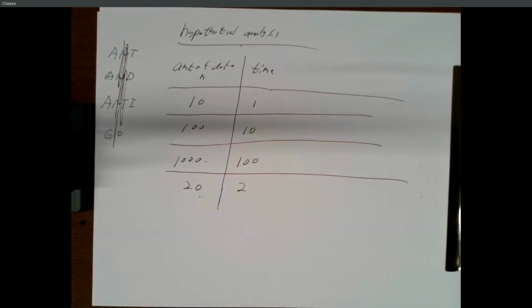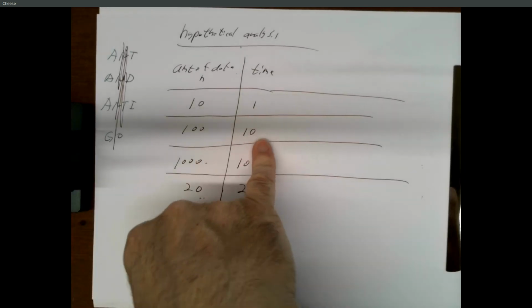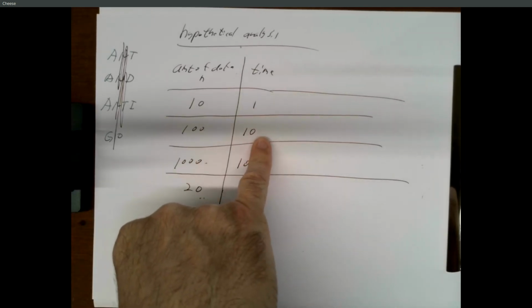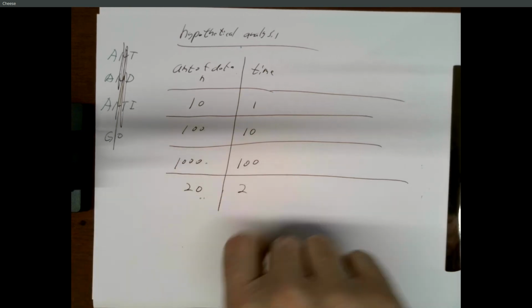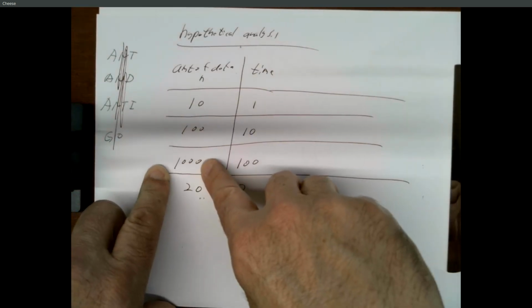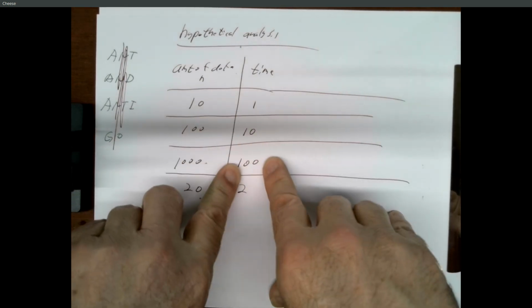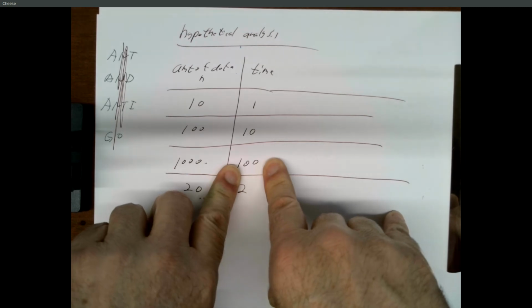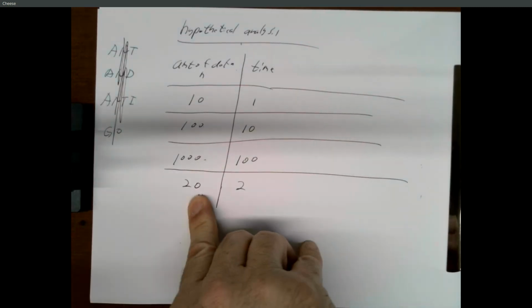Okay, so what's happening here? When I increase the amount of data by 10x, the amount of time goes up by 10x. From 100 to 1,000 is 10x, from 10 to 100 is 10x. From 10 to 1,000, that's a 100x increase in data. The time went from 1 to 100, that's a 100x increase. When I went from 10 pieces of data to 20, I doubled the amount of data.